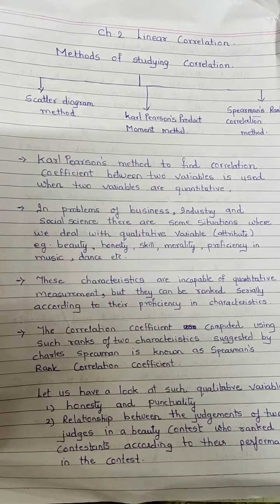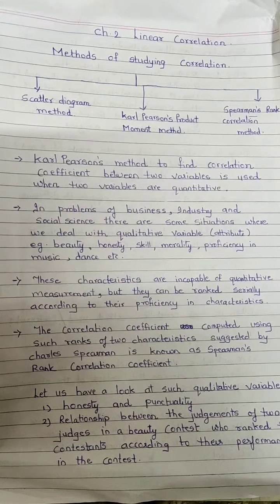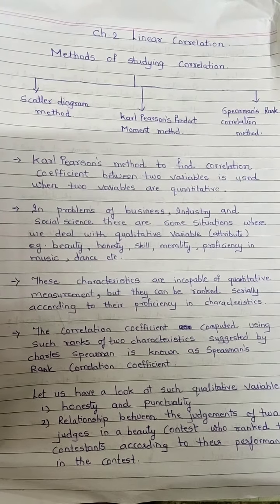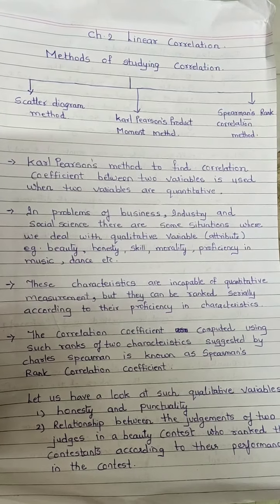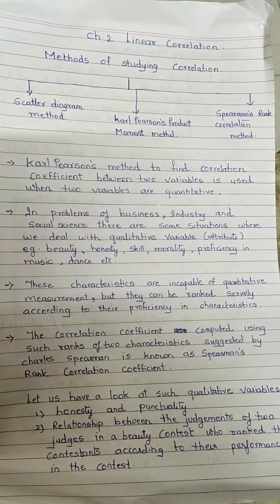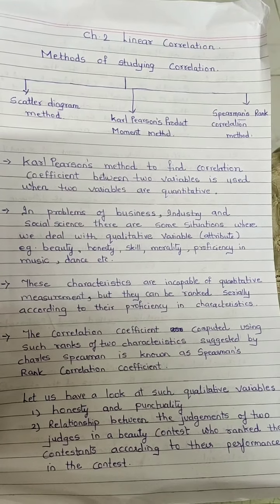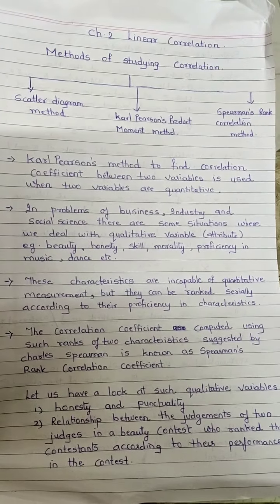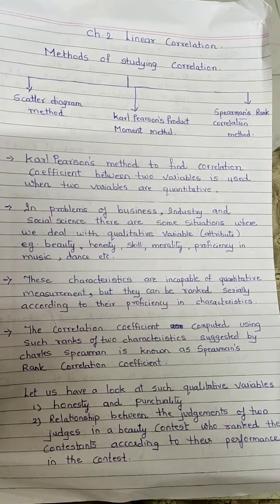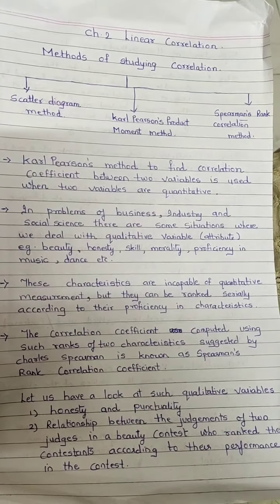Karl-Pearson's method to find correlation coefficient is the best method, but this method is used when the variables are quantitative. Many a times, in the problems of business, industry, and social science, there are situations where we have to deal with qualitative variables, that is attributes.